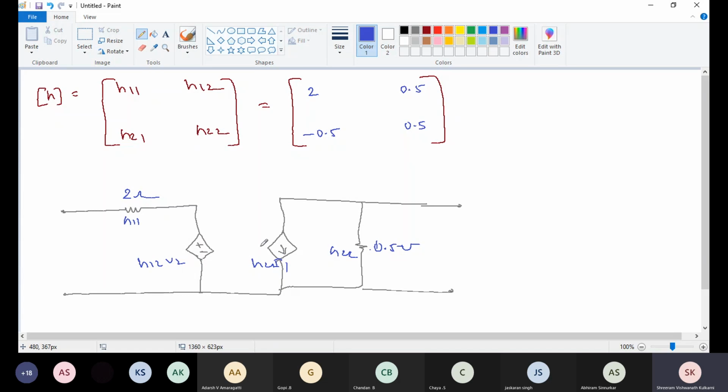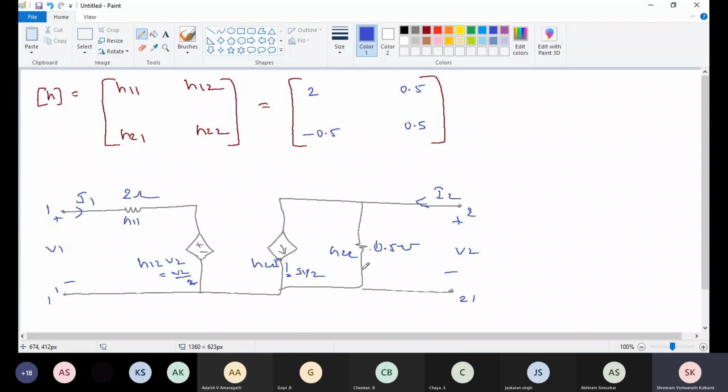This is 0.5 V2 and 0.5 I1, with terminals V1, I1, V2, I2. Yes, this is the equivalent circuit for hybrid parameters.